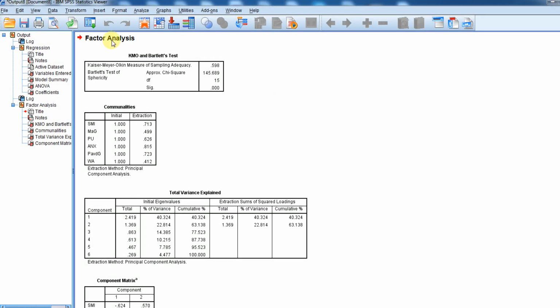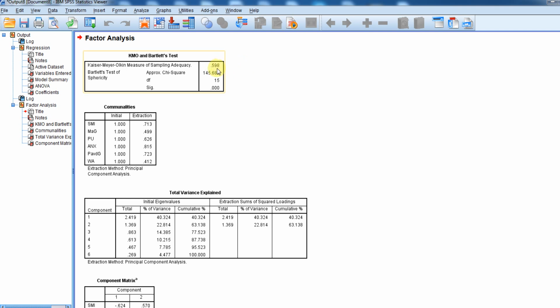You can see up here I've got the Kaiser-Meyer-Olkin measure. This is the KMO, a measure of sampling adequacy. And then I also have Bartlett's test of sphericity. KMO values approaching 1 are considered good. I would say values in the 0.7s or above would be considered adequate to good.